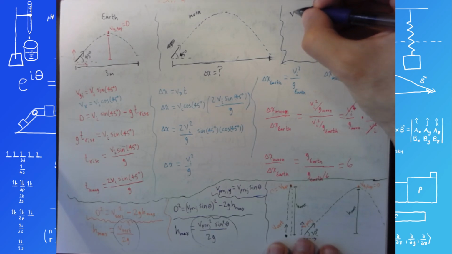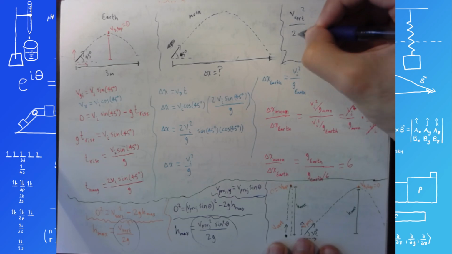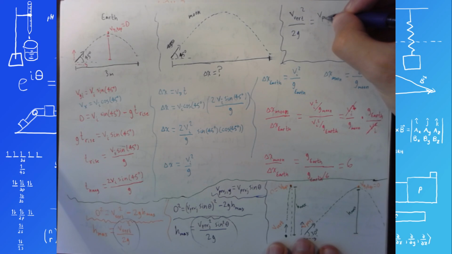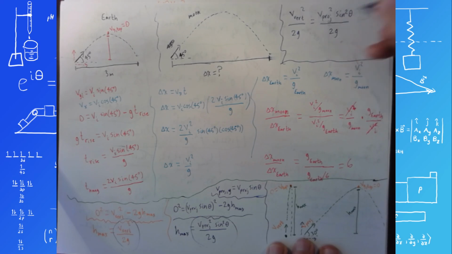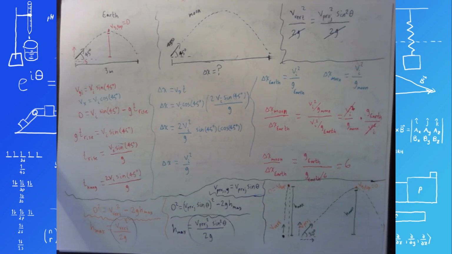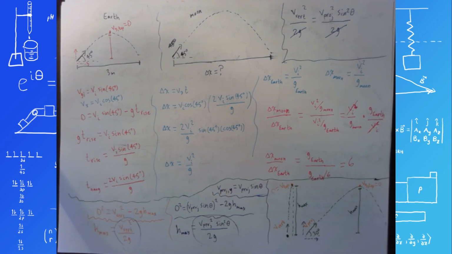So v vert squared over 2g equals v proj squared sine squared over 2g. These cancel out, so it doesn't even matter what planet you're on, as long as both objects are on the same planet, or star or moon or asteroid or whatever.